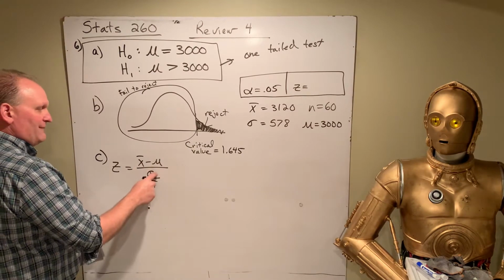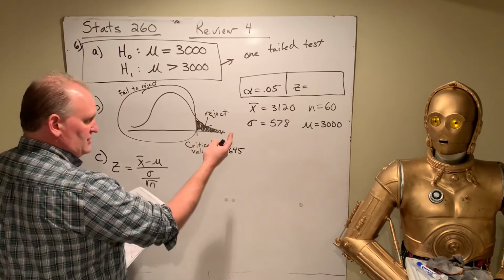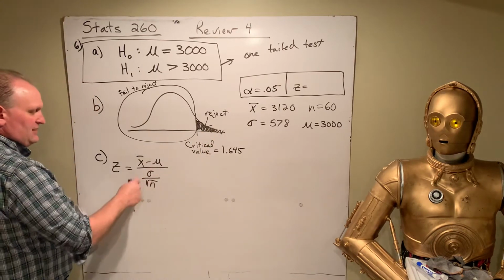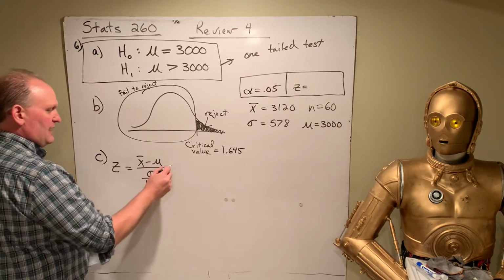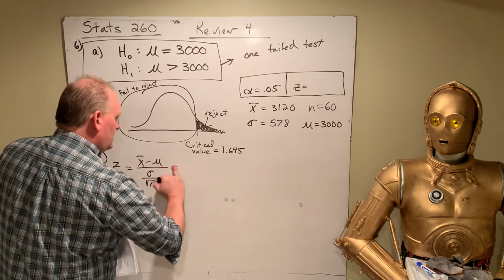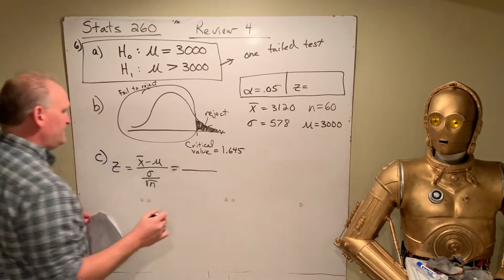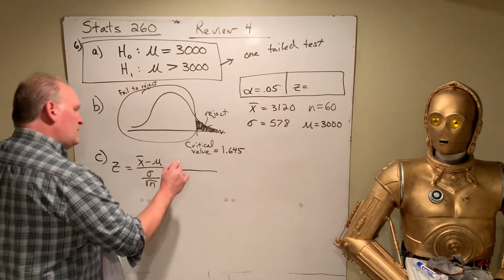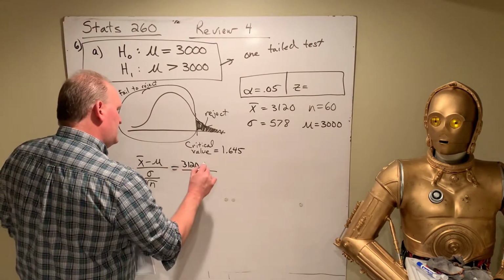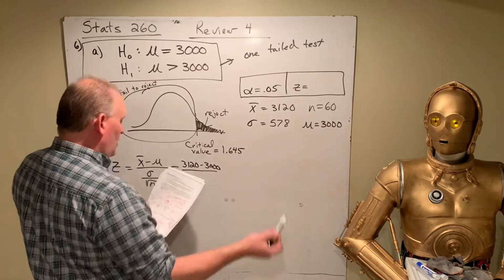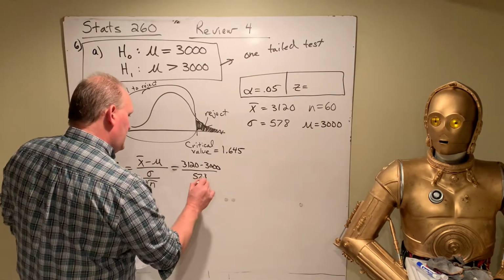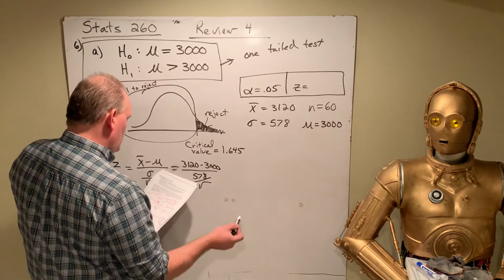The standard deviation of the population is 578. But with the 60, we got to work that 60 in there because you're now looking in a smaller pond. So there won't be as much variation because you're only in a sample of 60. All right. So we got 3120 minus 3,000 over 578 divided by the square root of 60.